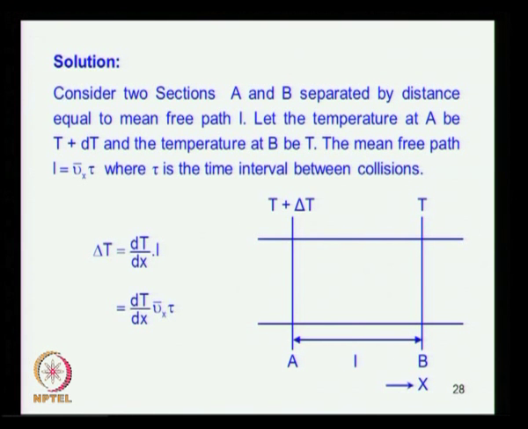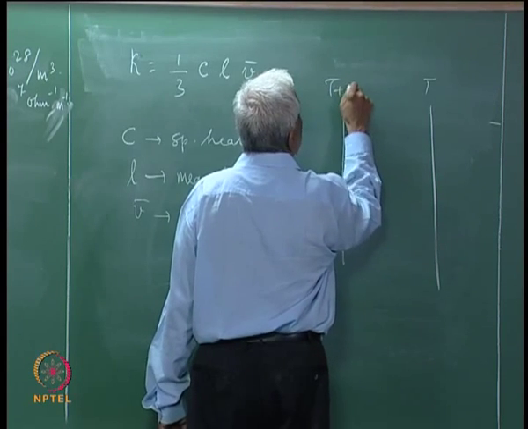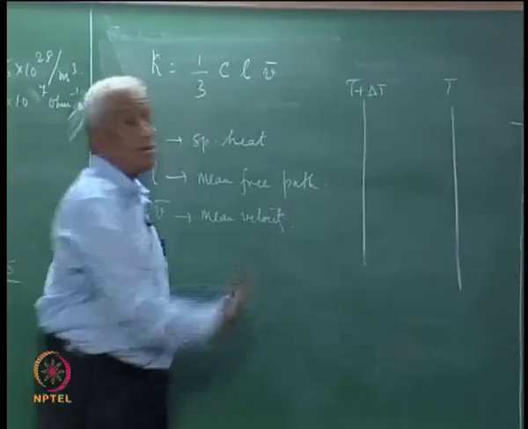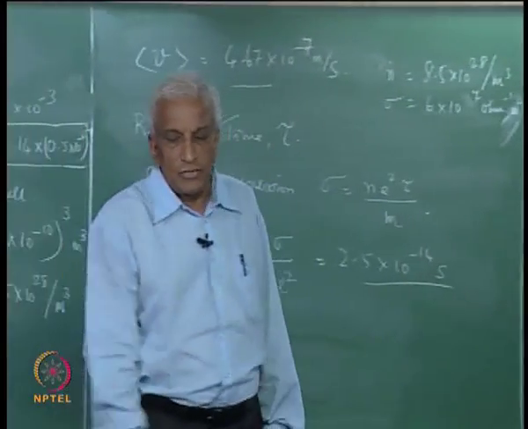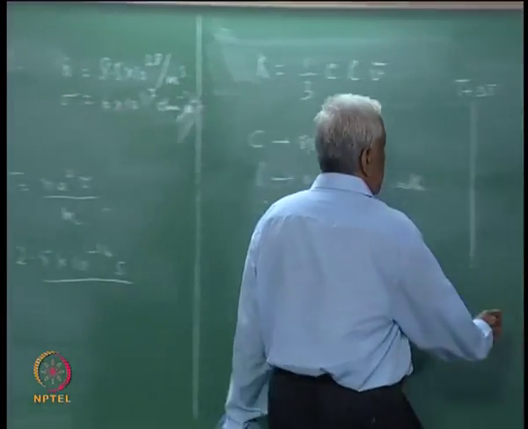So, we consider two sections at temperatures T and T plus delta T. So, there is a temperature gradient along this direction. Let us call this x direction.